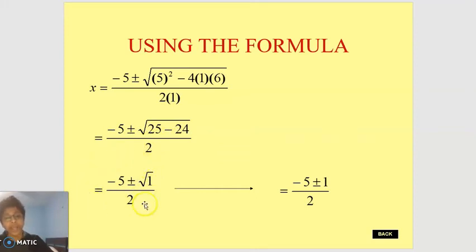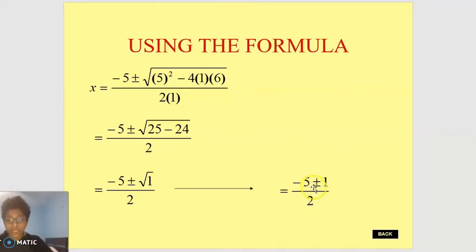Then we simplify further, and we get negative 5 plus or minus square root of 1 all over 2. And since square root of 1 is 1, we have negative 5 plus or minus 1 all over 2.